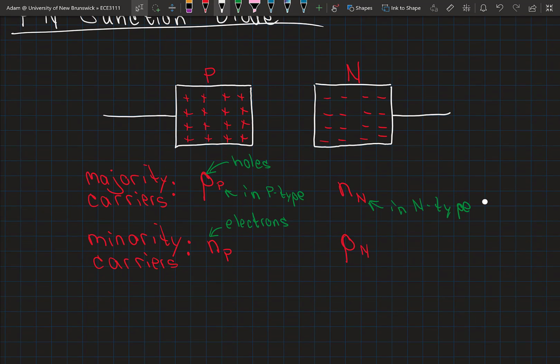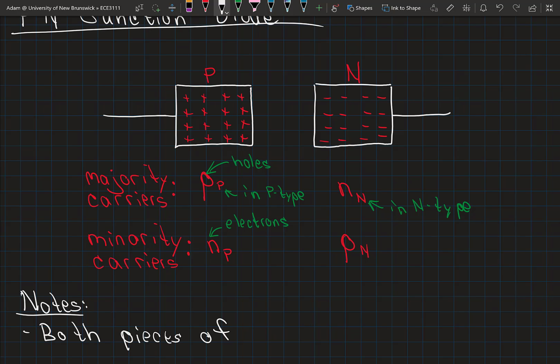Okay, and I'll reiterate that it's important to note that both pieces of our semiconductor above are still electrically neutral, right? We added in acceptor atoms, boron, in our P-type material.